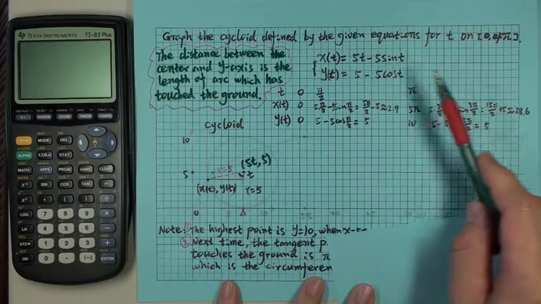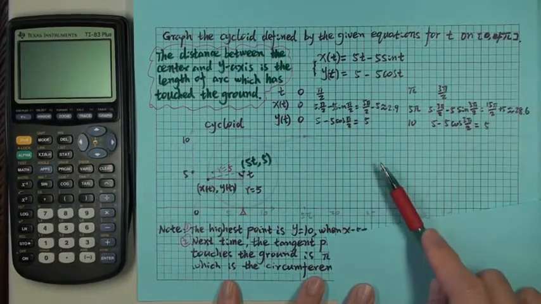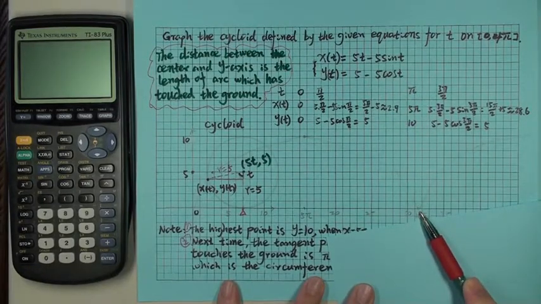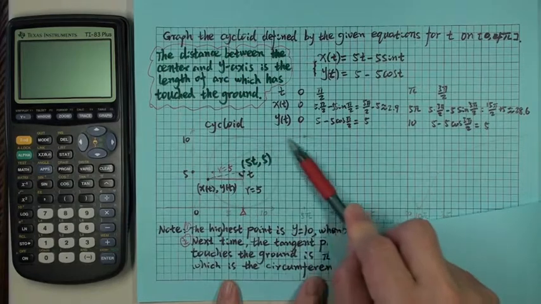The next point will be at t equals 2 pi. You can figure it out yourself. Then x will be 10 pi, and y you will get 0. So basically the curve looks like that.